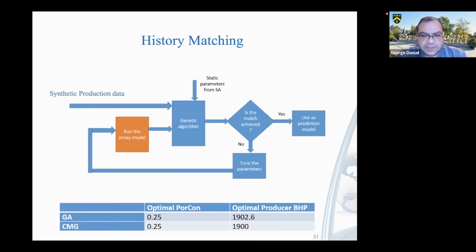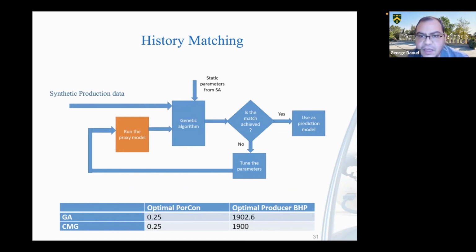Sorry, previous slide. As you can see here, a genetic algorithm is applied to search for the input parameters that match the real field data. For that, the genetic algorithm will run the simulator and compare the result of the simulator with the real data for the previous history.